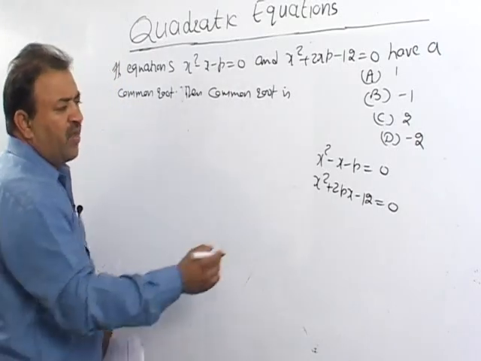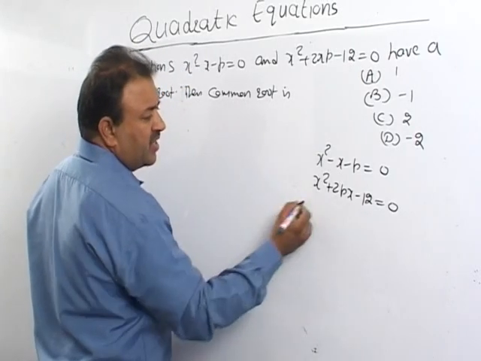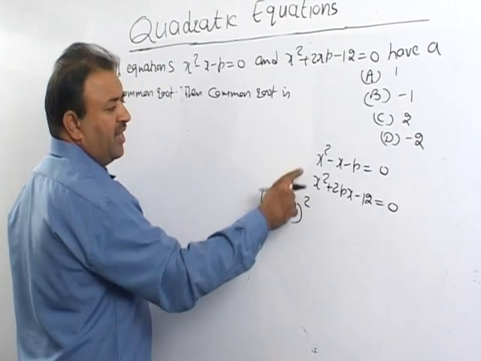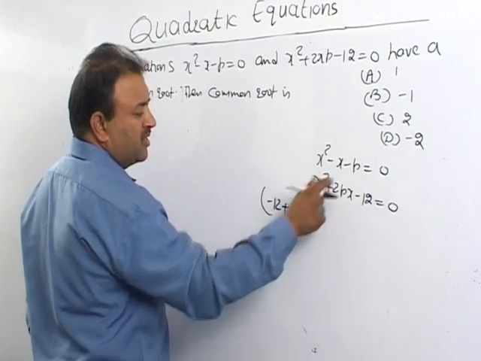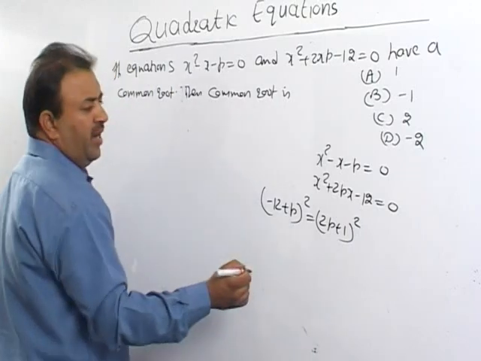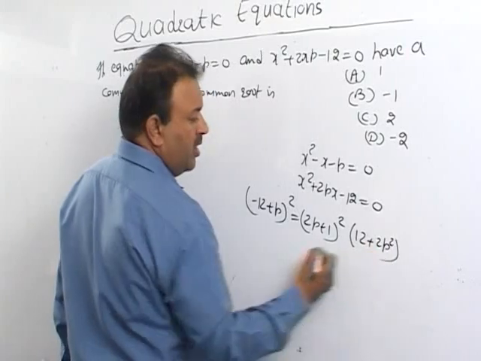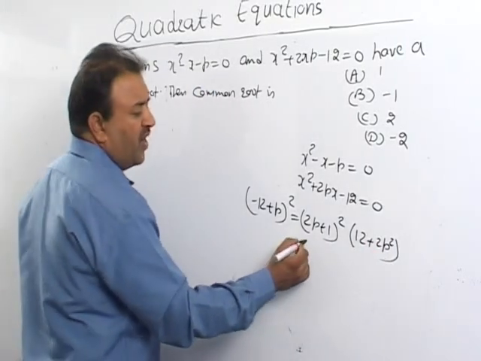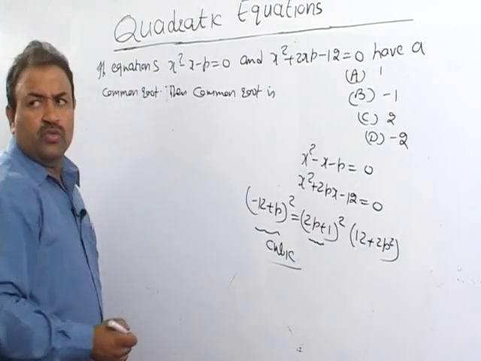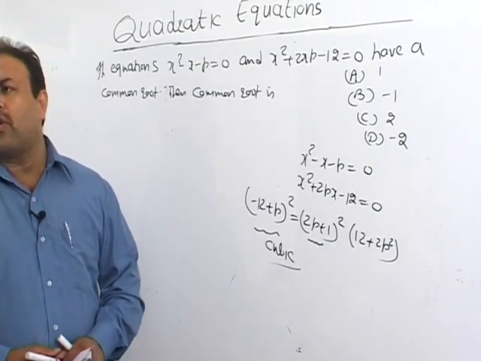Like in this question, we apply the condition, it is minus 12 plus p the whole square is equal to 2p plus 1 the whole square into, it comes out to be 12 plus 2p square. Now see, before solving it, we find out this is big, this is going to be a cubic.